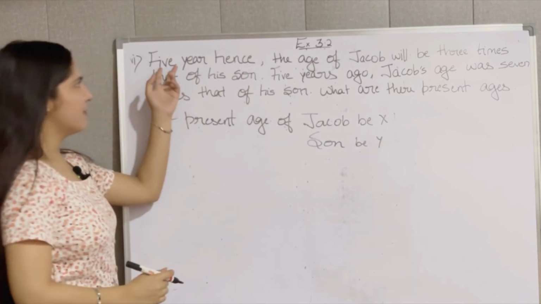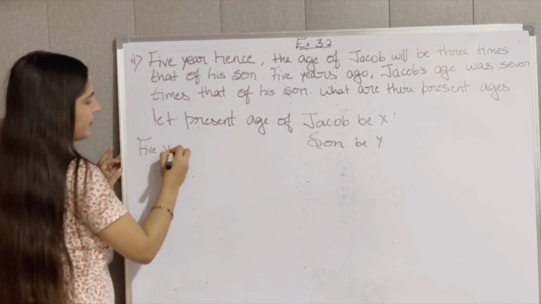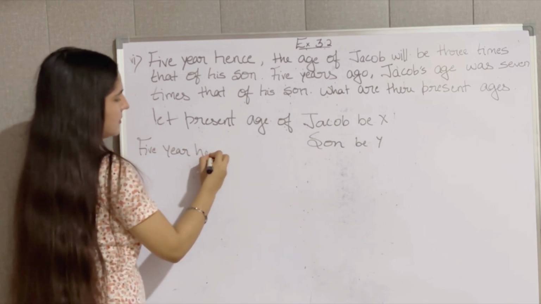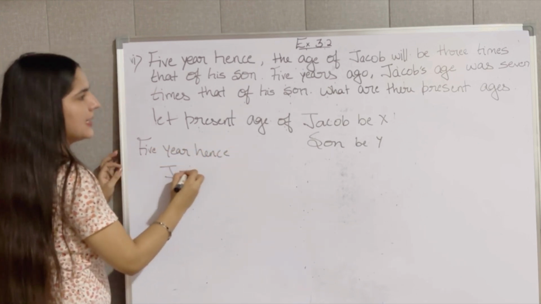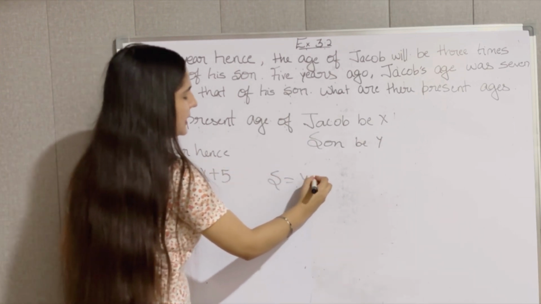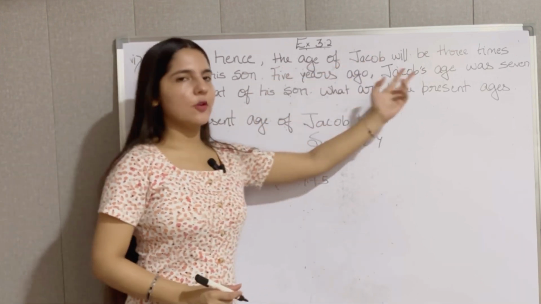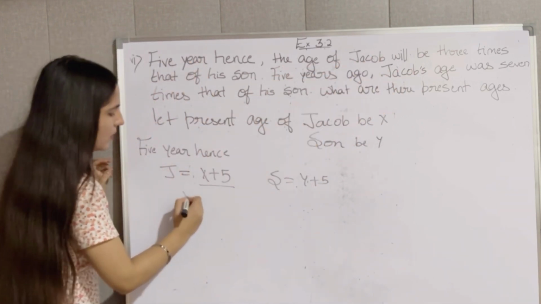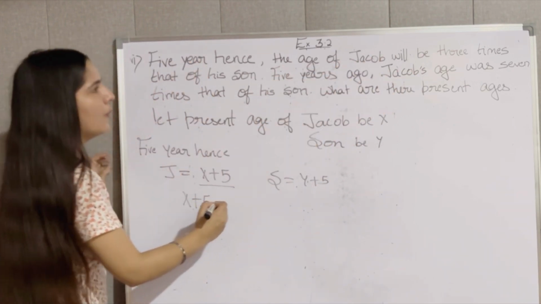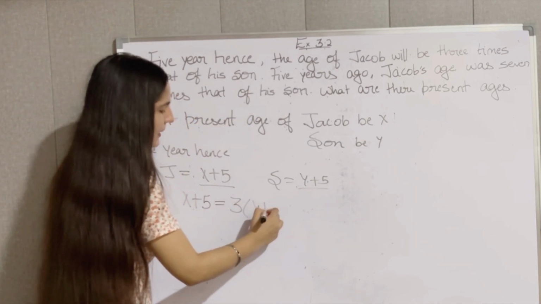Okay, now they're saying 5 years hence. So 5 years hence, Jacob's age will be x plus 5 and his son's age will be y plus 5. Now they are giving a relationship. The age of Jacob, that is x plus 5, will be 3 times that of his son, that is y plus 5.